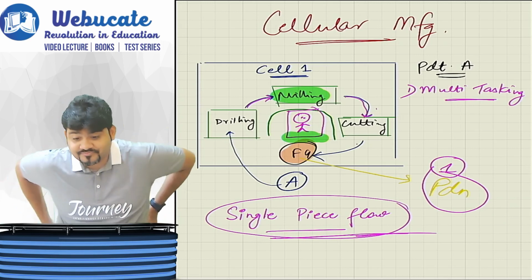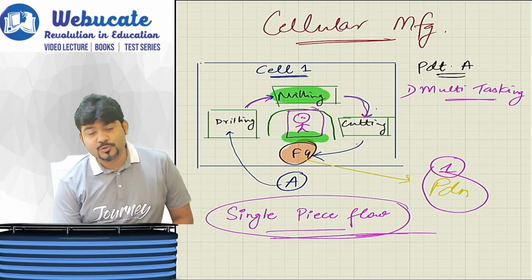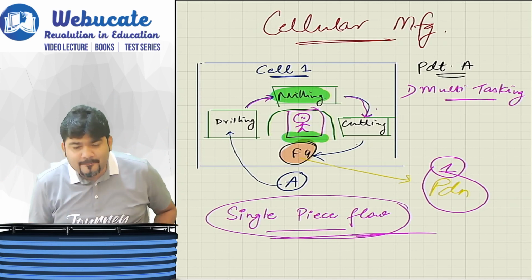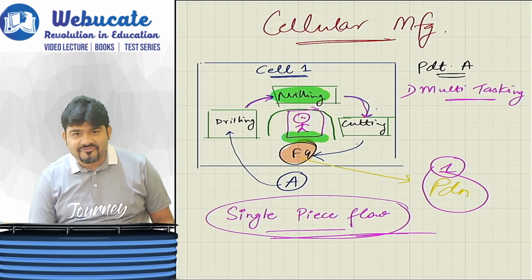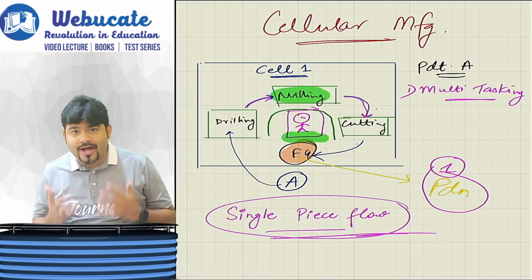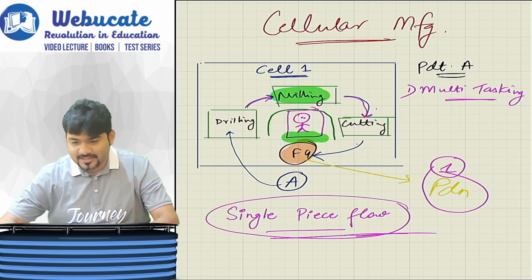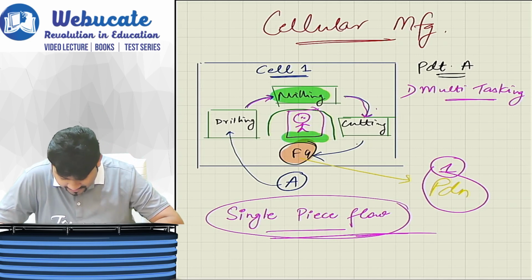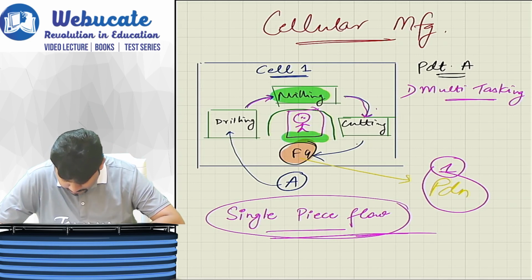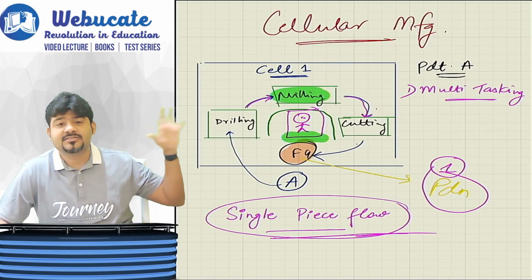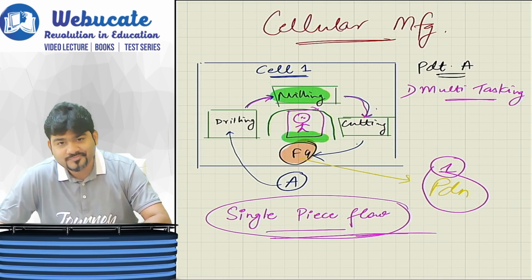So now we have presented to our CEO, CFO of the company that, sir, we are tired of traditional manufacturing. Then what do you want? Sir, bring in the concept of cellular manufacturing. And sir, this is our presentation to you.